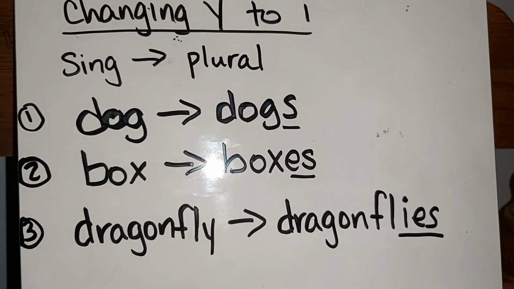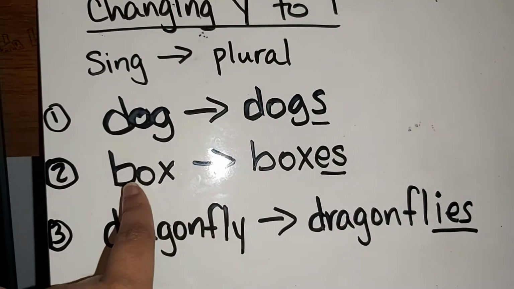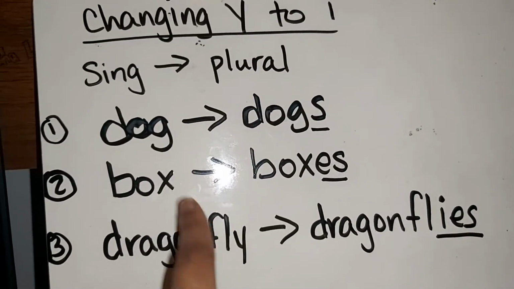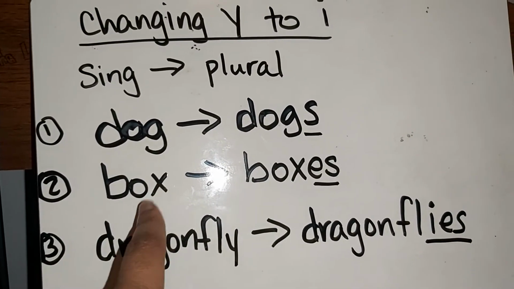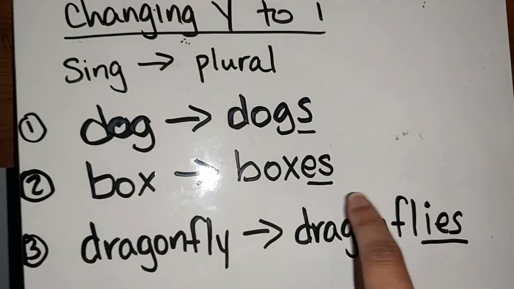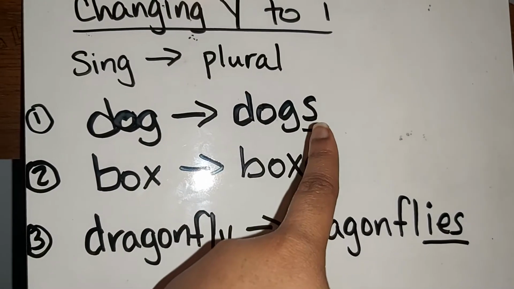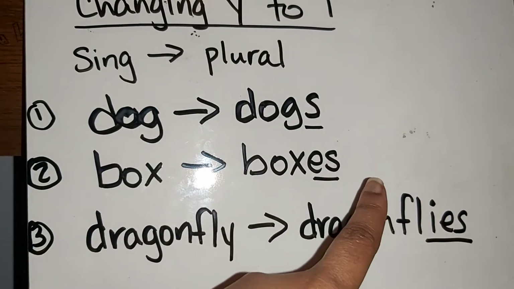We've also practiced rule number 2. For box, because we have the X right here, we have to add ES to the end of that word. So instead of saying box and add an S, we're going to say boxes.